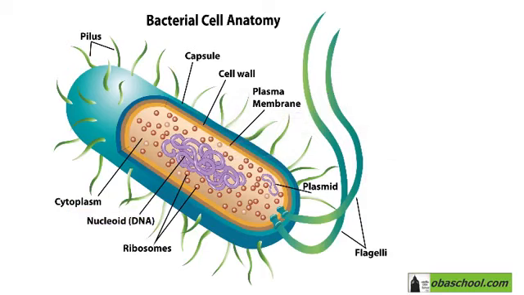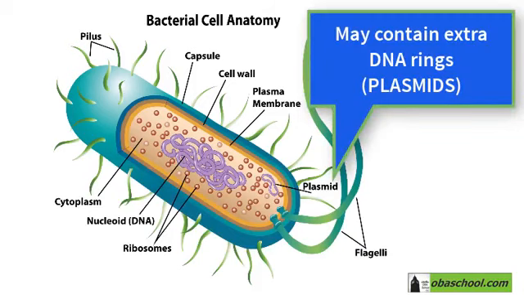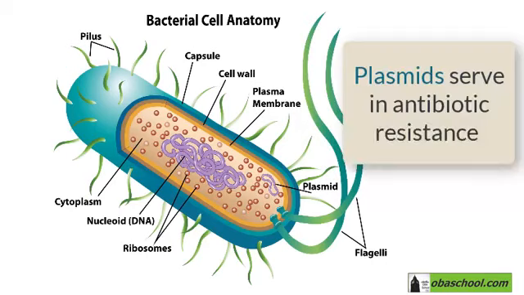Furthermore, prokaryotic cells may also contain extra small rings of DNA called plasmids. Plasmids code for very specific features such as antibiotic resistance.